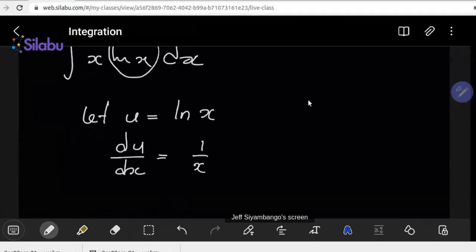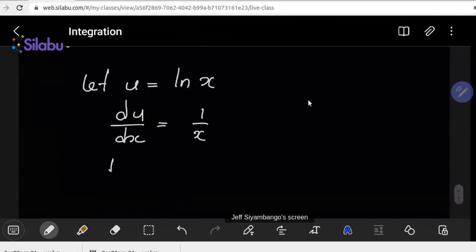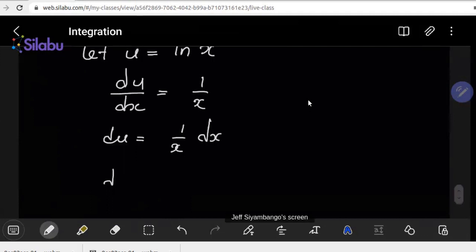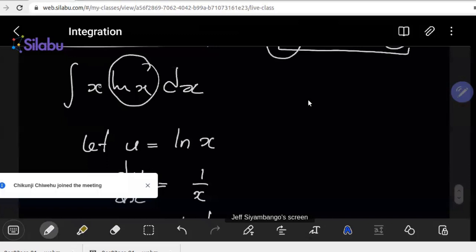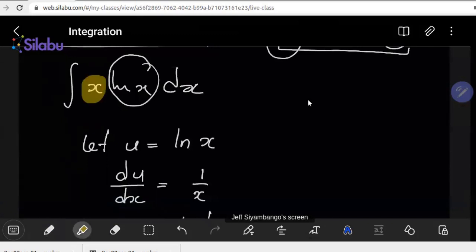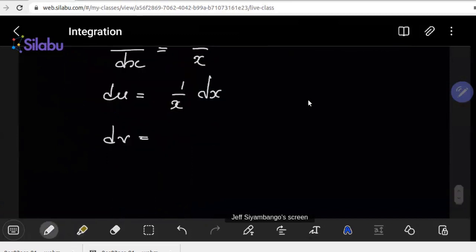So from here, du will be equal to 1 over x dx. Then next up, we have dv. dv will be whatever is left, which is x and dx. So dv will be equal to x dx.